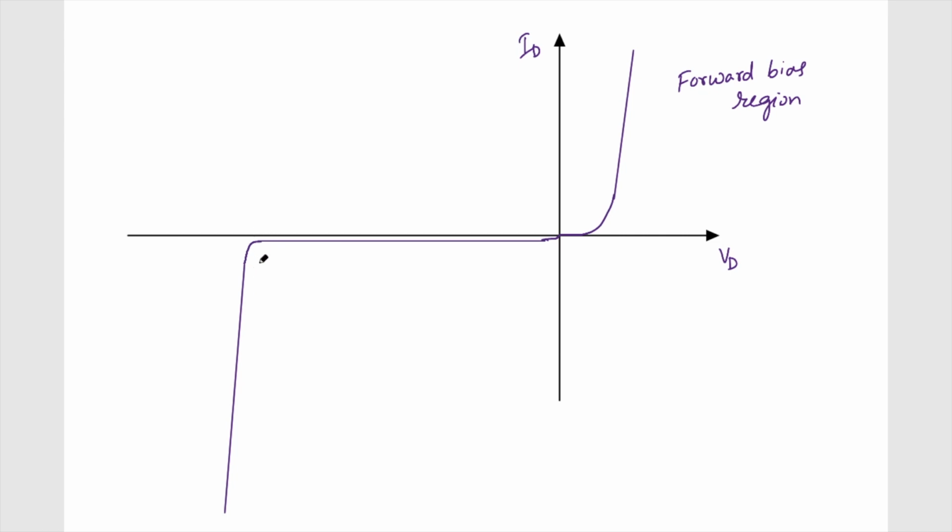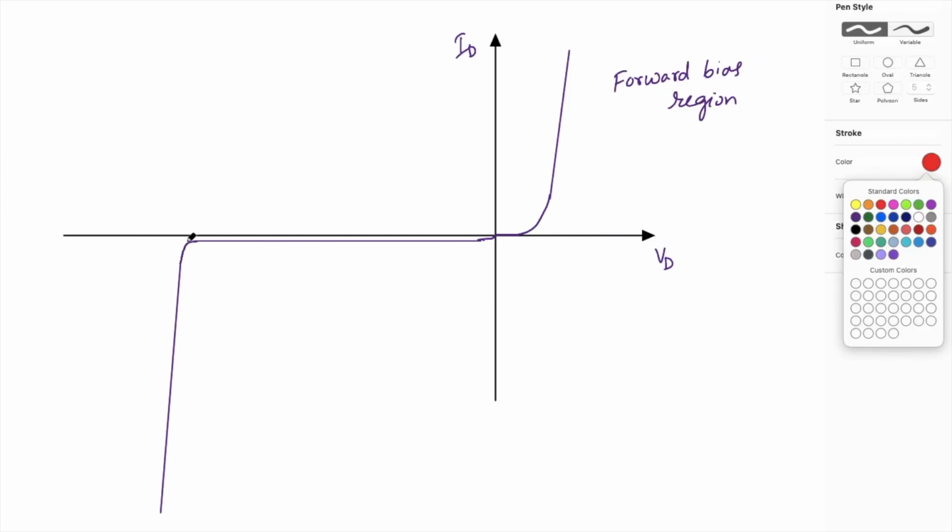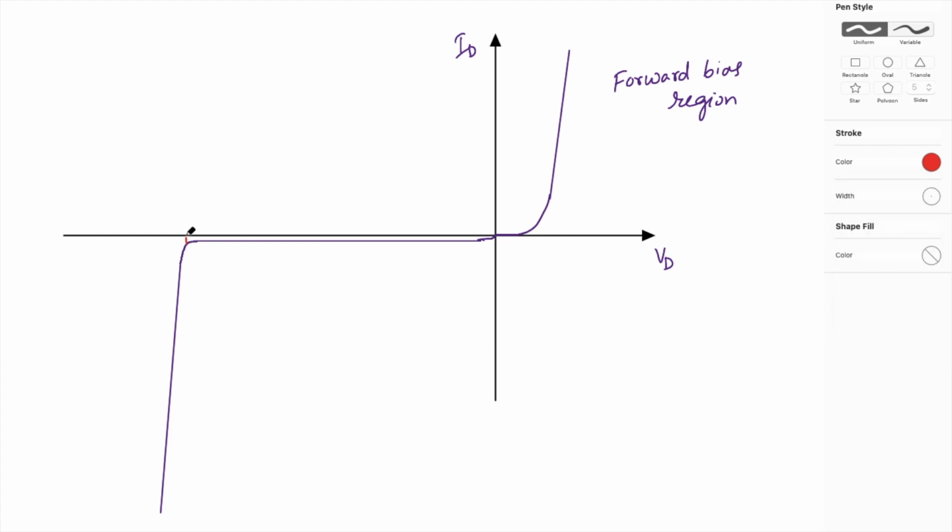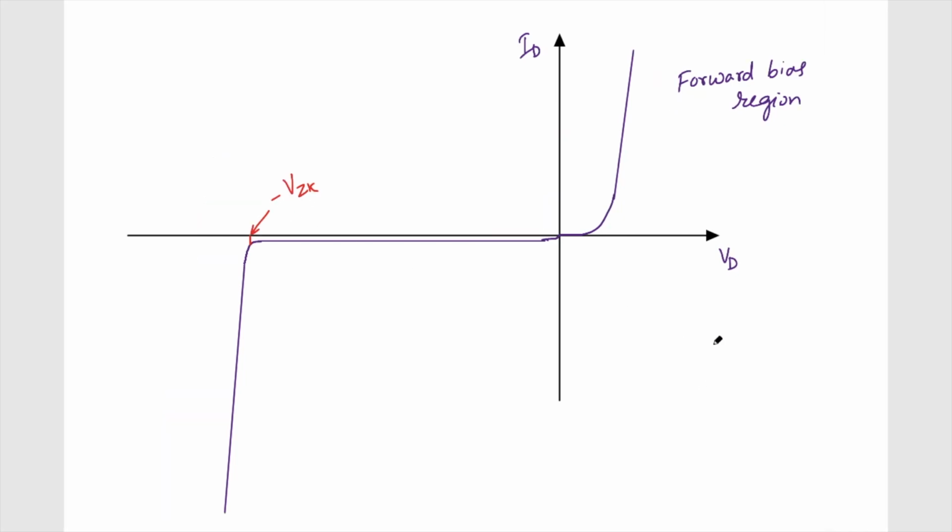This is called the breakdown region, and it is also sometimes called the Zener effect, and we are going to use this phenomenon. At some voltage, let's call it minus VZK, a reverse bias voltage of VZK, which is also called the knee voltage.